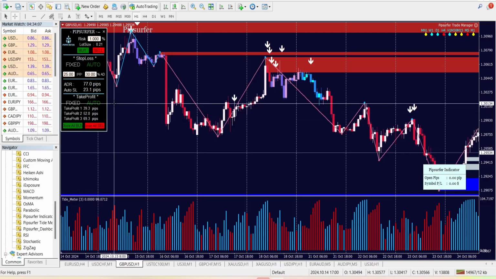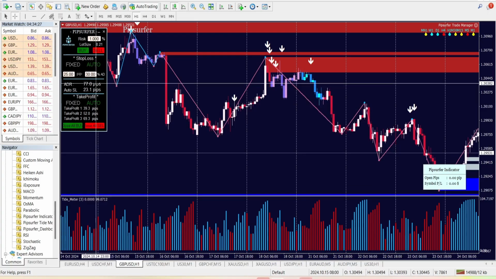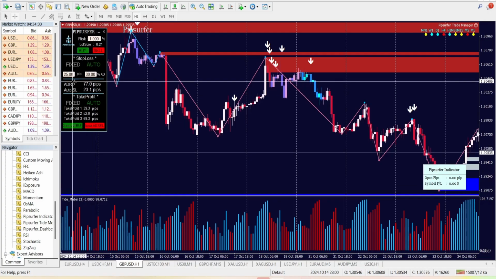So what I love with the Trade Manager and what we designed into it is to take into account the volatility, the average volatility for that pair in that particular period of time or period of days. Using that, it will determine what the average daily range is and then create stop losses and take profits based off of that. You can control that.